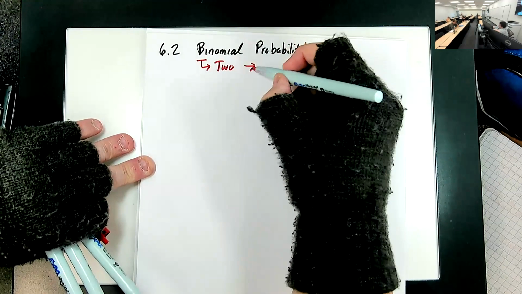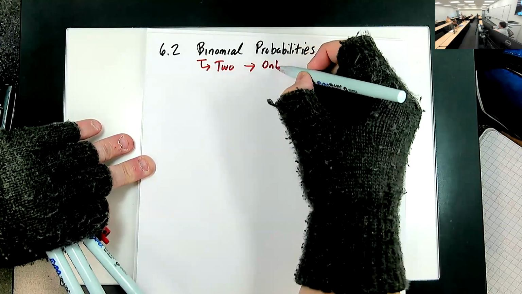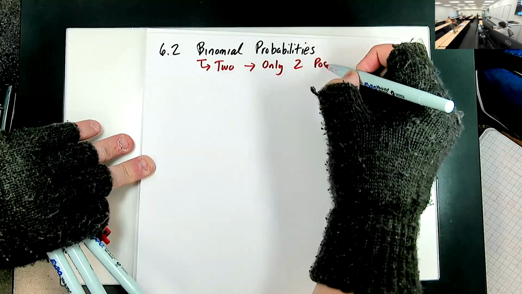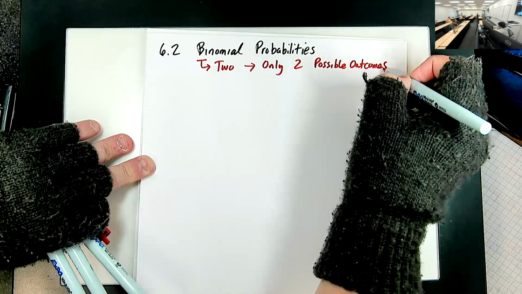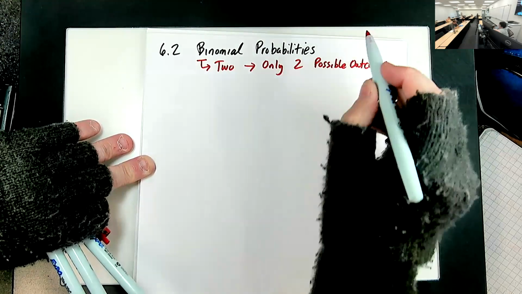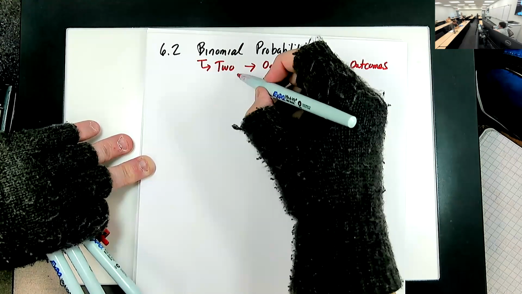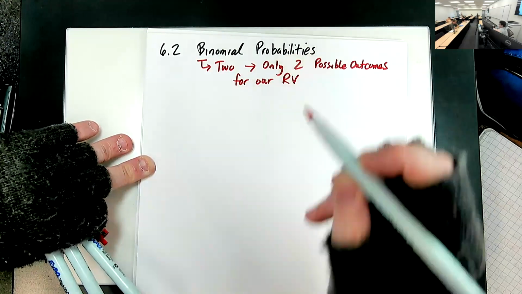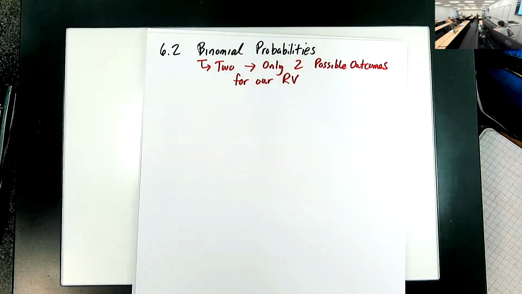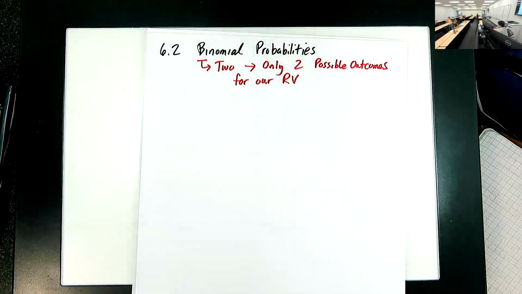So what this means is there are only 2 possible outcomes for our random variable. There are 4 criteria that need to be met.